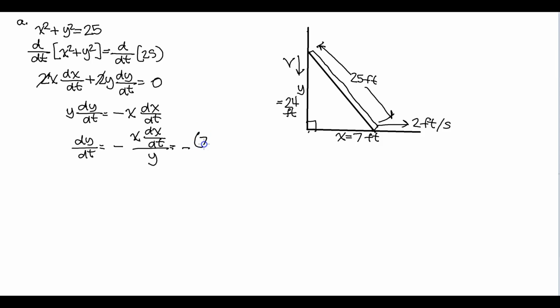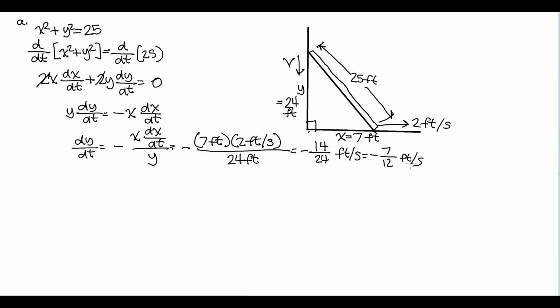We get negative 7 feet times 2 feet per second over y, 24 feet. And we get negative 14 over 24 feet per second, which can be simplified down to negative 7 over 12 feet per second.